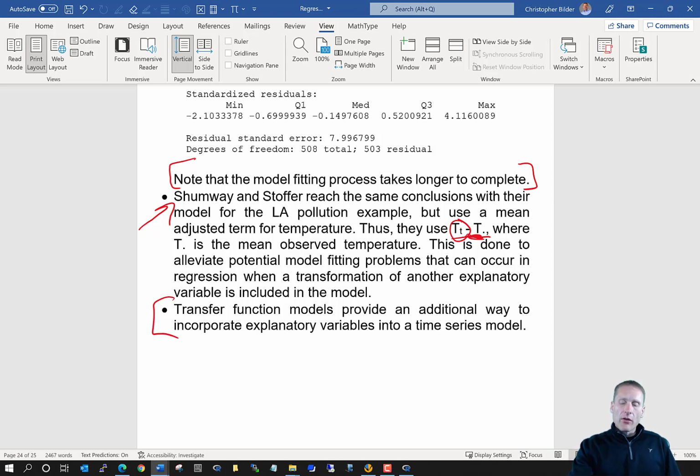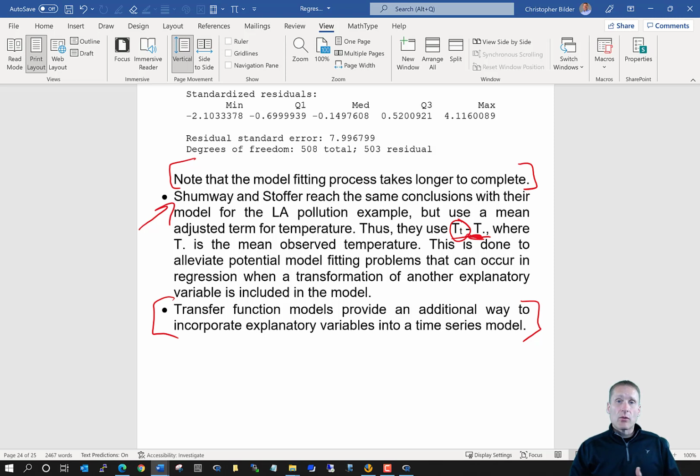Now, there are other ways to handle having this additional information to help explain the variability in your main variable of interest, like cardiovascular mortality. There are what are called transfer function models.